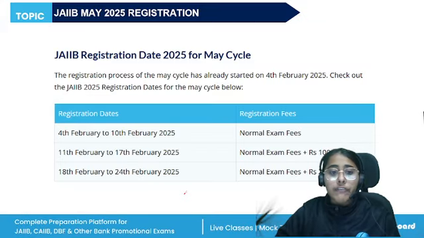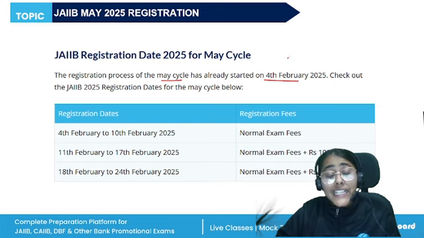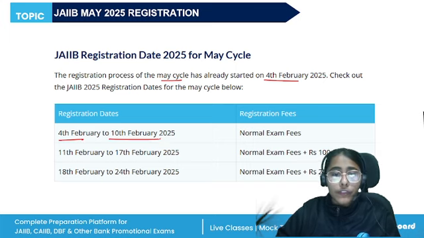Then, if we talk about the registration fees, the registration process of the May cycle has already started. They have started the cycle early this time so that you can have more time for your preparation. All right. So the registration period is from 4th of February to 10th of February. If you register for the exam between this time period, then you will have to pay the normal exam fees.